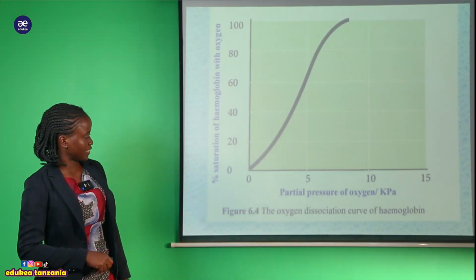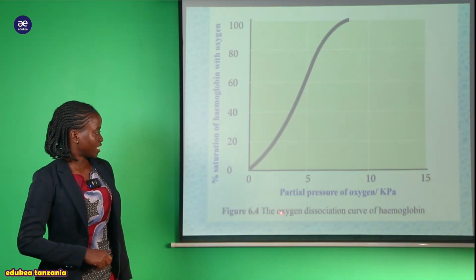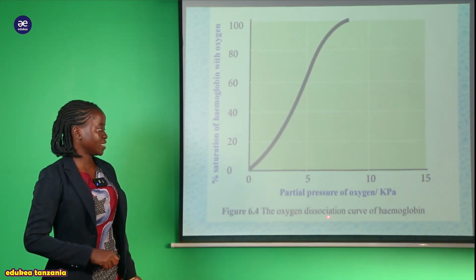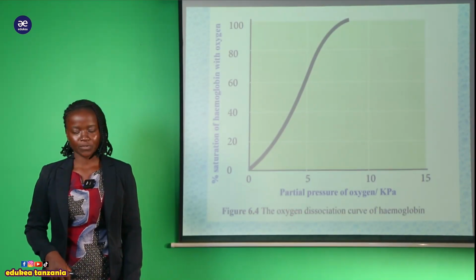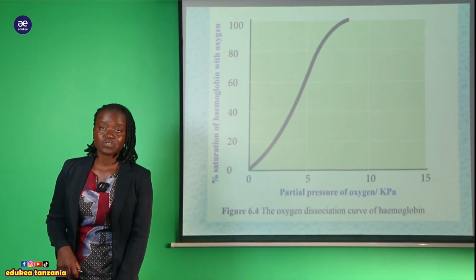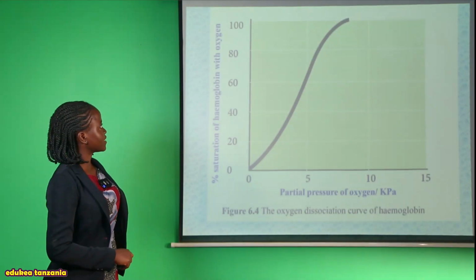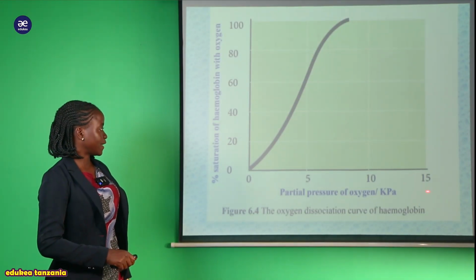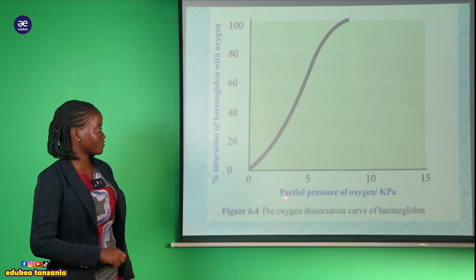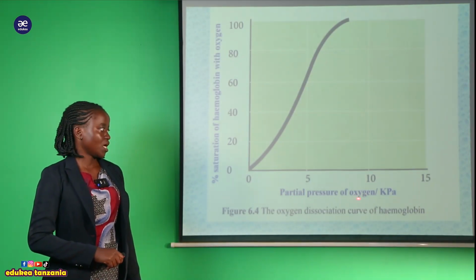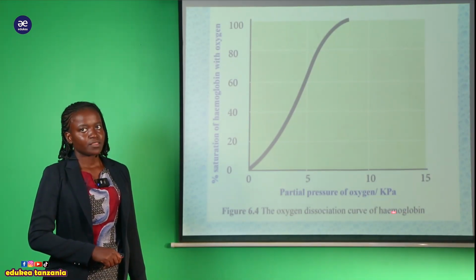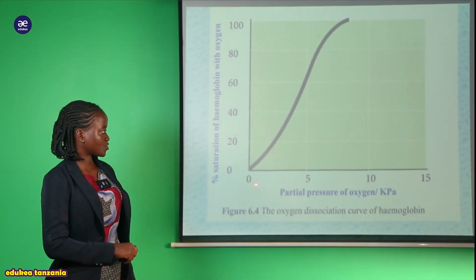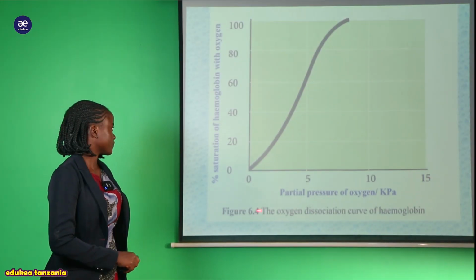Now you can see this is figure 6.4, the oxygen dissociation curve of the hemoglobin. As you can see on the horizontal axis, it shows the partial pressure of the oxygen, that is in kPa, starting from 0 up to 15.